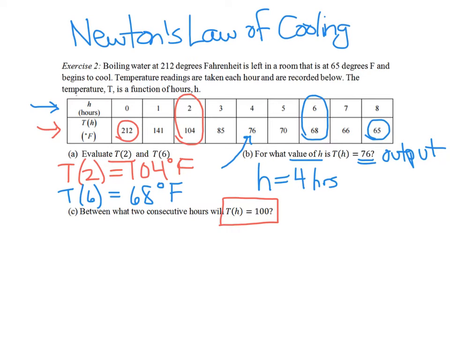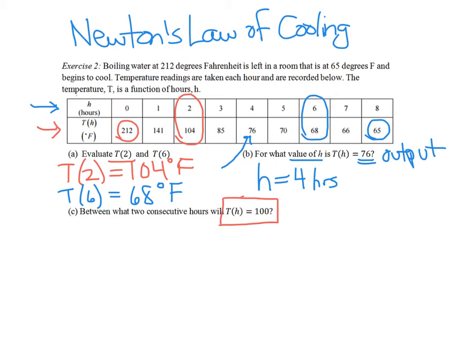Given the fact that these temperatures keep going down and have to go through every single temperature in between 212 and 65, this is called a continuous function. All values are covered. Well, we want to know, when could the temperature have been 100 degrees?